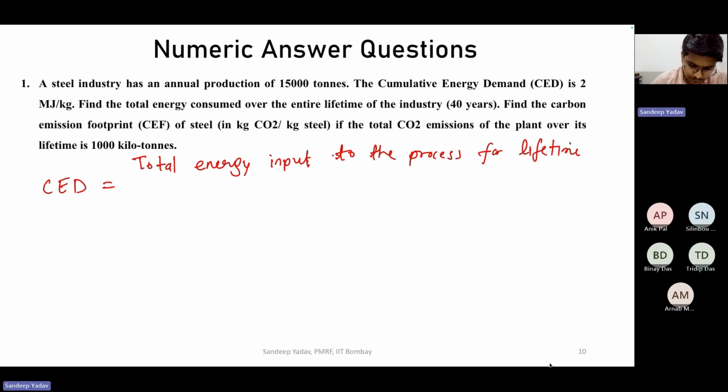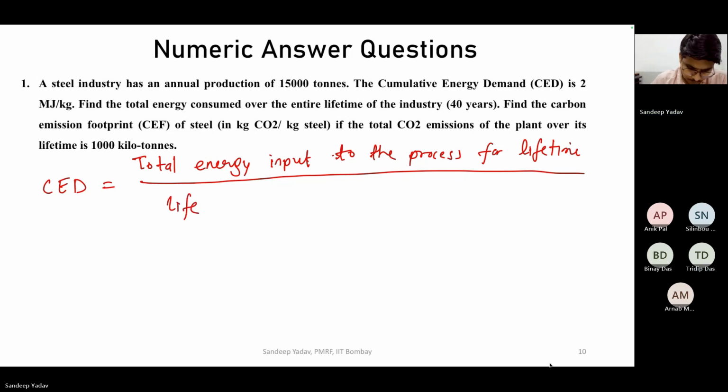That's basically the lifetime energy consumption divided by the life in years multiplied by the annual production.